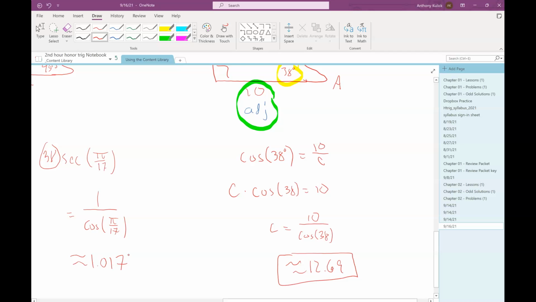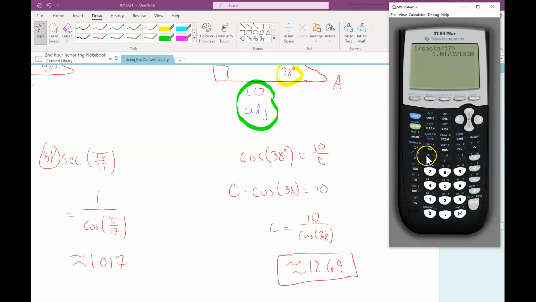That's it. So just to be clear, 1 over cosine is the same thing as doing cosine and then doing the -1 at the end, which is not the same thing as cosine inverse.